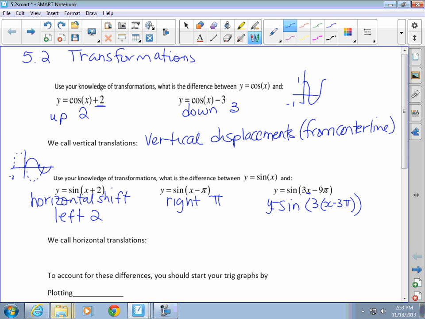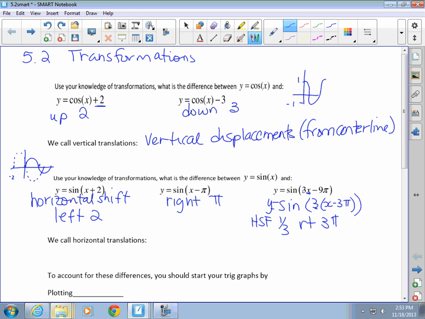So that means for this one, because of our b there, we have a horizontal stretch factor. You remember that from our last units, of 1/3, because it's 1 over b, and it's going to go to the right 3 pi.